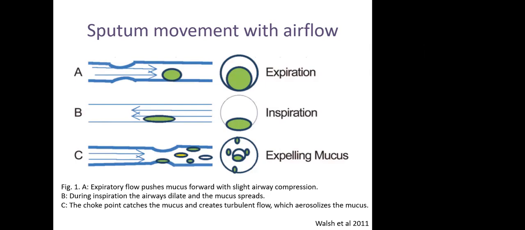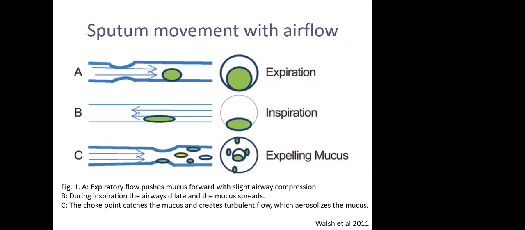So we can all think of this in relation to what we do with active cycle of breathing, but A shows there that the expiratory flow is what pushes the mucus forwards, and I think we always think about that in terms of a cough, but the other thing to bear in mind is there's slight airway compression that helps push that along, and that's just through normal expiration.